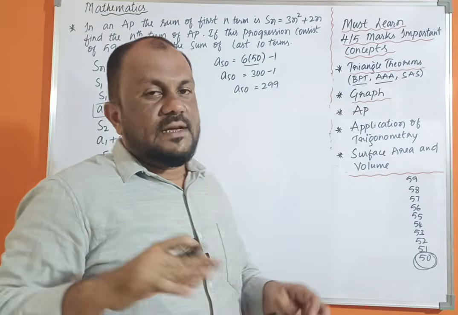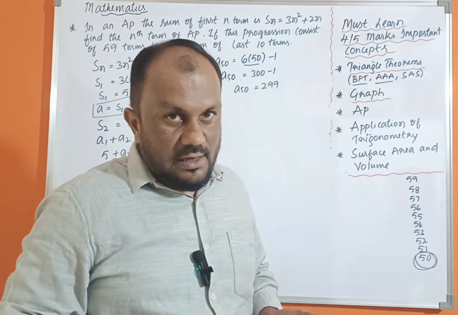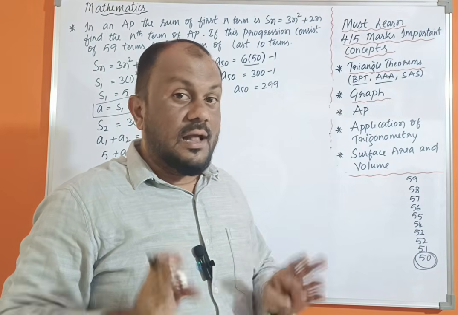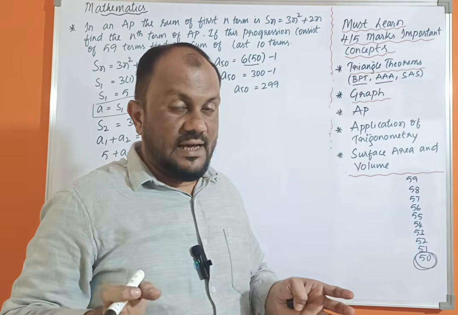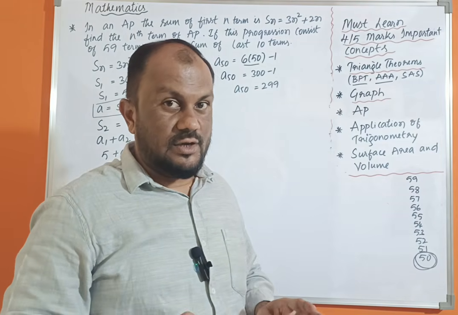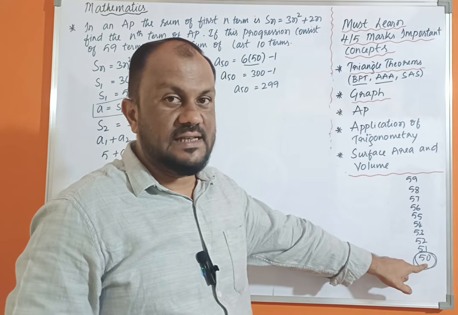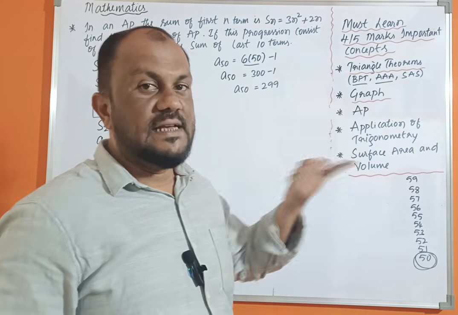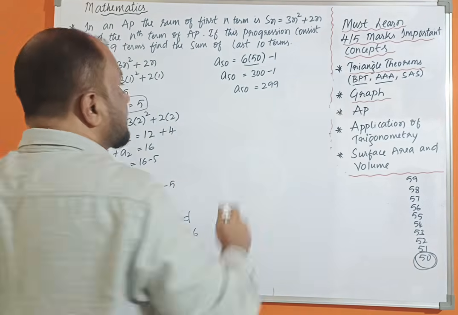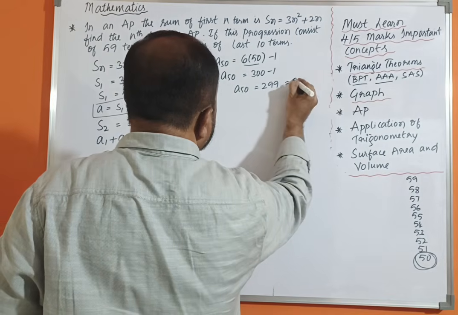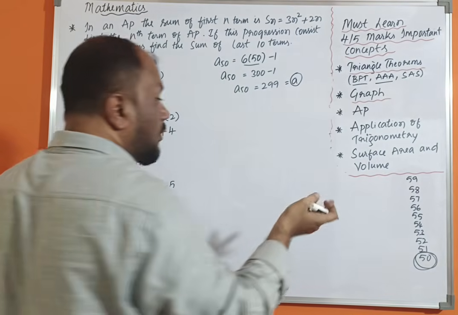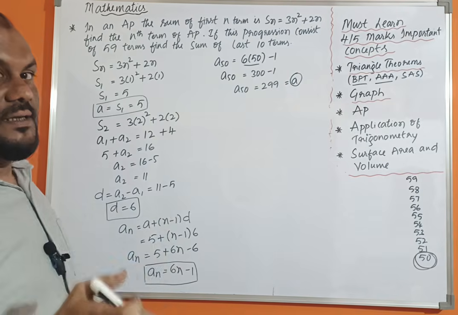See, if you are trying to find the last 10 terms of an AP which consists of 59 terms, then your A is the 50th term. D is as it is. This is A for the last 10 terms.